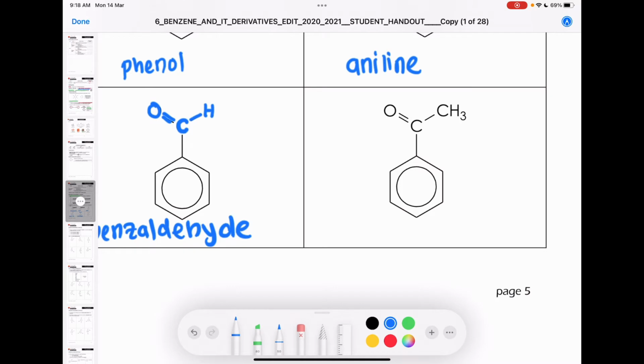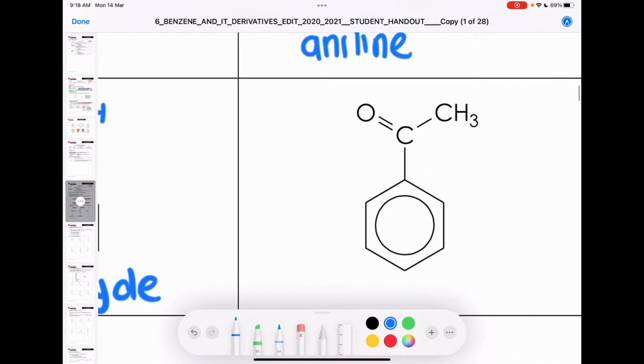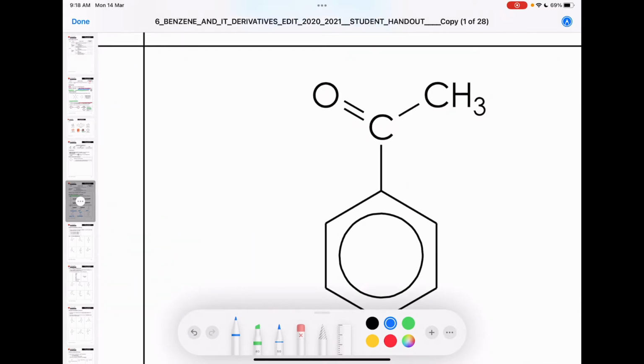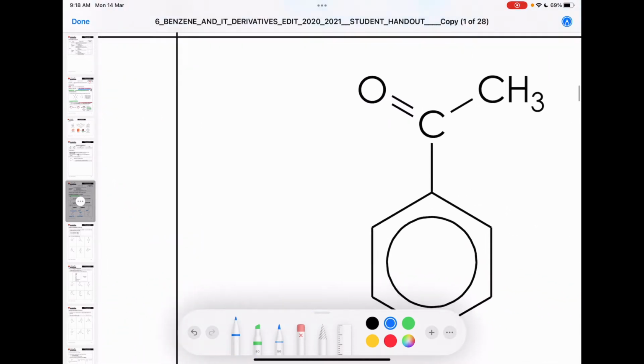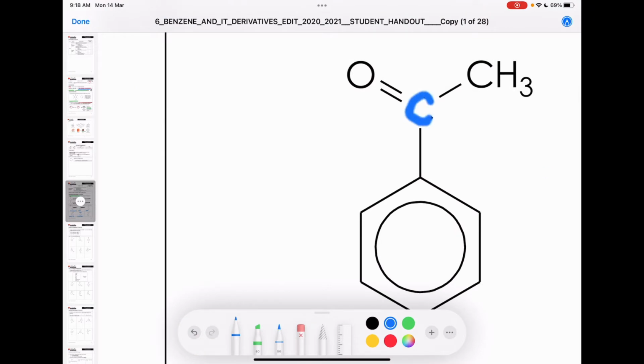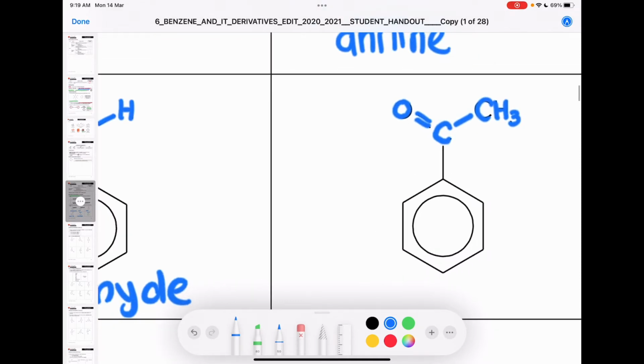And the last one is this. This one is actually a ketone. Unlike the previous one which is an aldehyde, this one is a ketone because C double bond O is connected with another alkyl group and directly attached to the benzene ring.